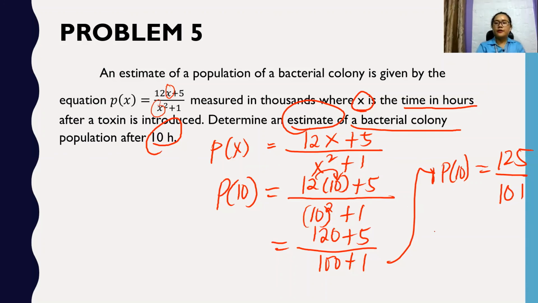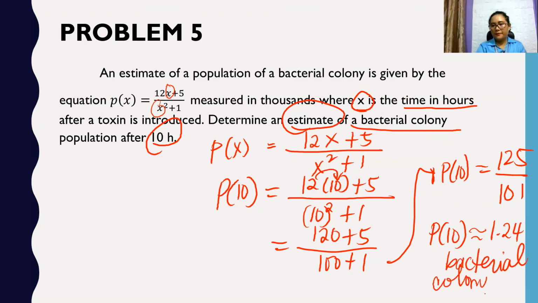That would give us P of 10 is approximately 1.24 thousand bacterial colony population. Do not forget the unit of measurement. So kung ano yung tinanong, yun din yung kailangan i-indicate sa final answer ninyo.